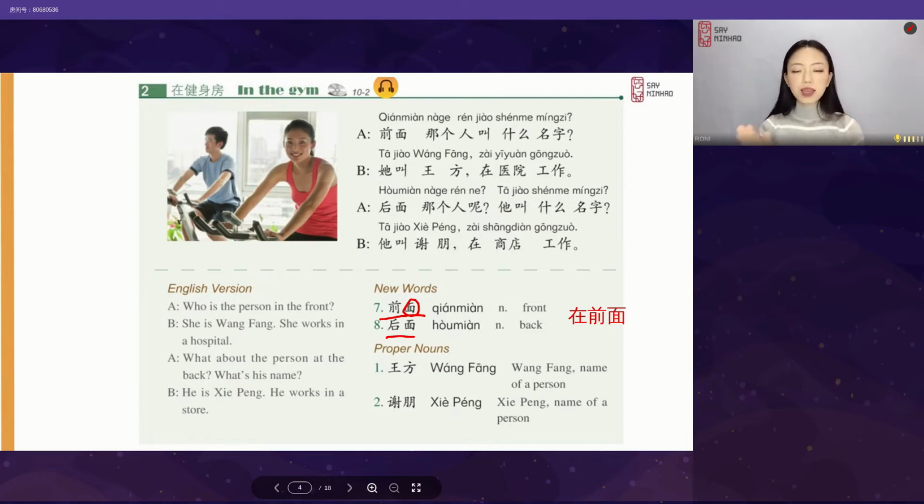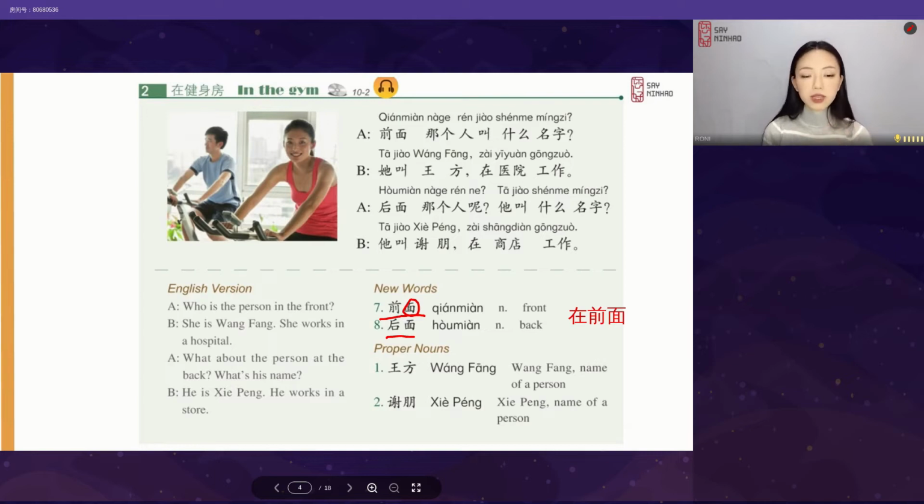Next one. He is in my front. So in this sentence, who is the subject? He, right? So we will put he at the beginning of the sentence. So 他. Next, we will need a predicate, which is be, in, on, at, somewhere, right?